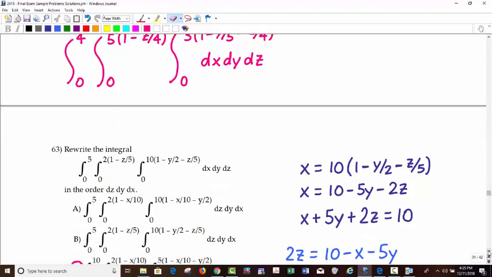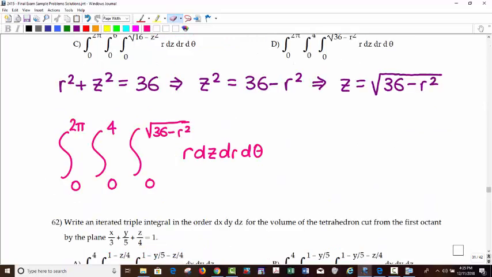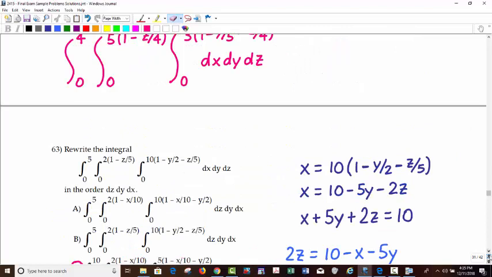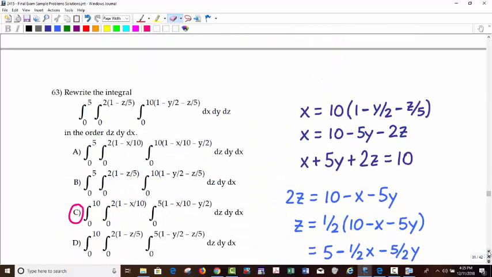Now there's a very, very similar type problem where it's asking us to change the order. Let's see. With the last one we were just given the equation, it told us an order. Now it's giving us an integral in a specific order. Can we rewrite it to another order? So once we get the original equation back, then we'll do the similar process we did to the last one.